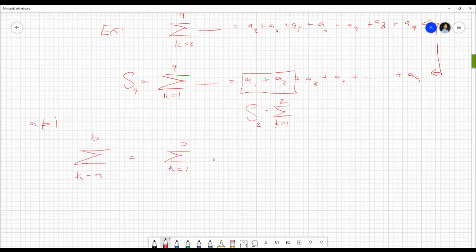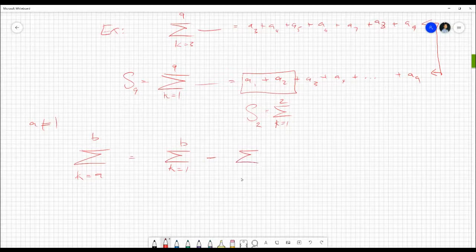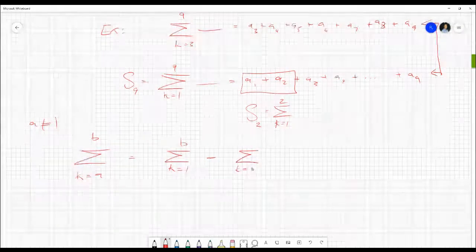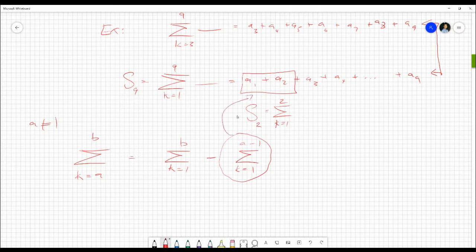And I'm going to subtract the first whatever terms I need, which means I'm going to go from K equals 1 to A minus 1. So this right here will take care of the first few terms that I do not need.